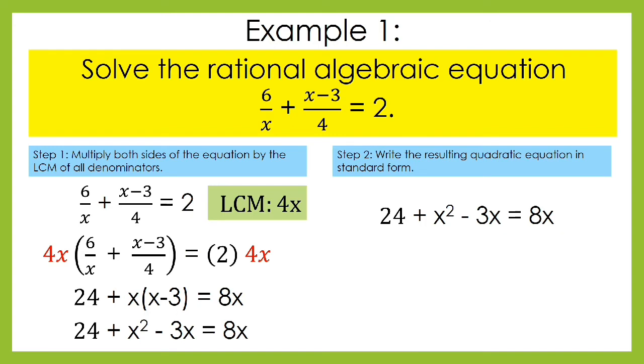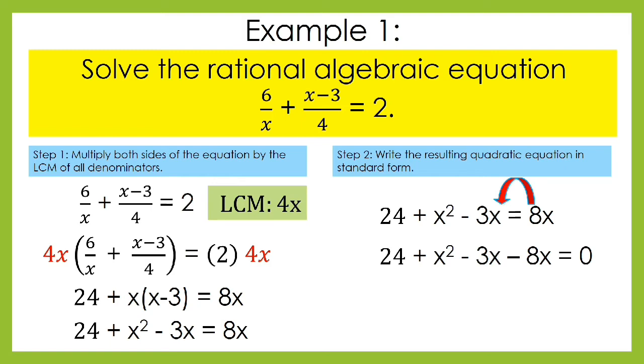Equals 0 dapat. Ano natin gagawin yon? Si 8x, since nasa right side siya, ililipat natin dito sa left side. From positive 8x, magiging negative 8x. Meron na tayo, kinopya natin, 24 plus x squared minus 3x. Naging negative 8x na siya, equals 0.